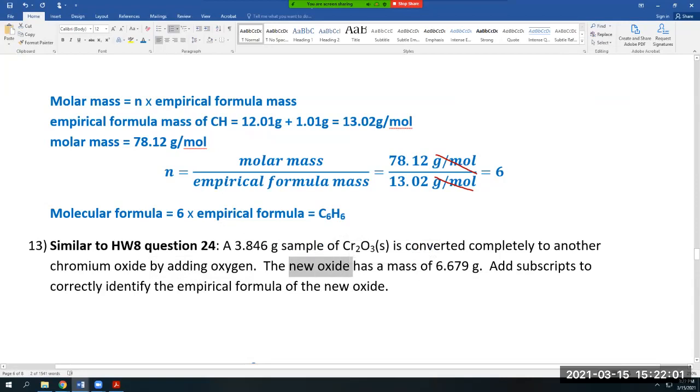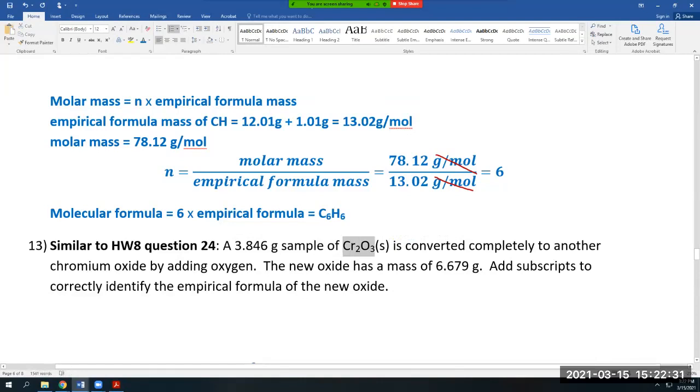And so let's start by finding the amount of chromium in the new oxide by finding the amount of chromium in the old oxide, right? Because it stays the same. Here we have the formula and we have a total mass. So to find the mass of chromium only, we need to first find the mass percent of chromium in this Cr2O3, right?